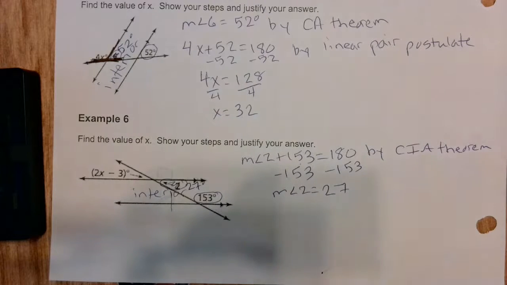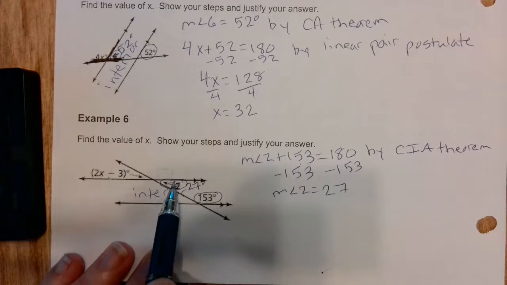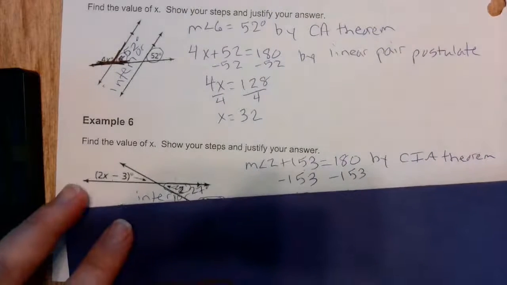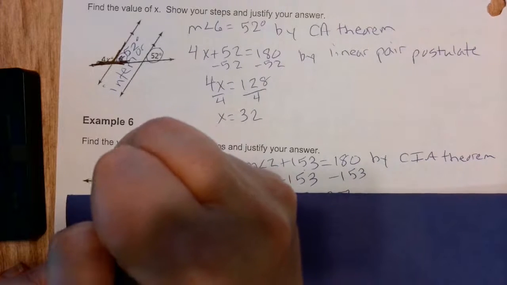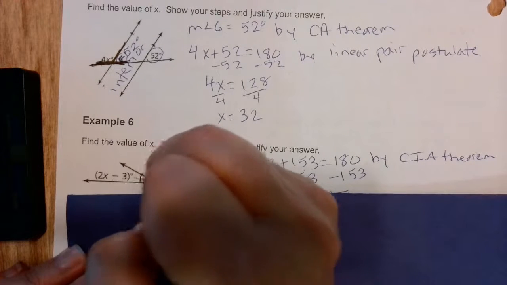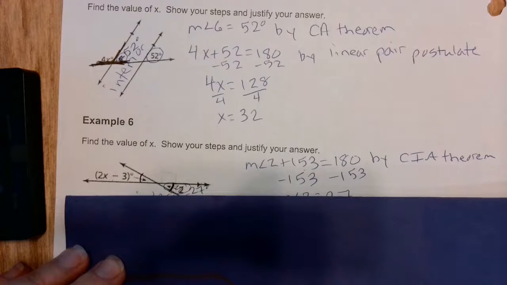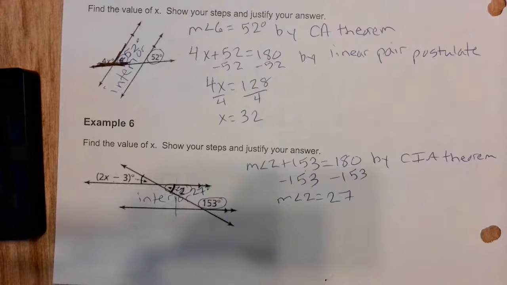Now the second part has to do with the 2x minus 3 and angle 2. Look at where they are. For this part, we don't even need the bottom part of the picture. It has nothing to do with the second line. We have two lines at the top. Here and here. On opposite sides of that x, those are vertical angles, which means they're equal by the vertical angle theorem.